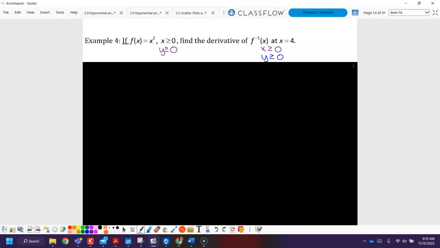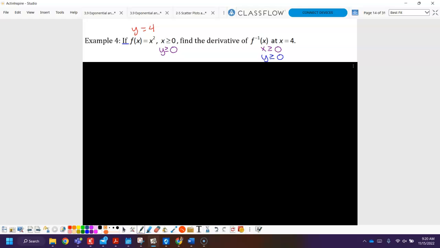So that's kind of like saying on the original, y equals 4. Does that make sense? That's why I said you have to pay attention to the wording. Like that one says f of x at x equals 1. This one says the inverse derivative at x equals 4, but it says f inverse at x equals 4. So now it's a different implication.